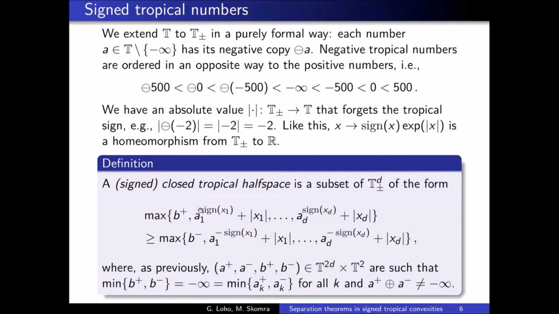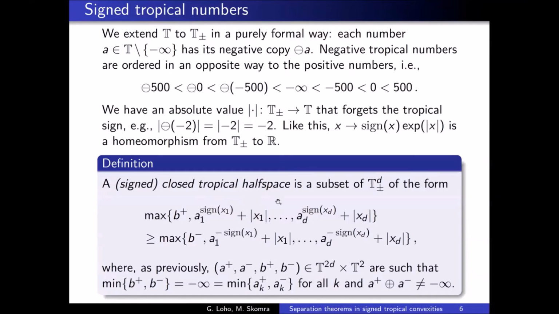Now, how does this expression extend from the non-negative numbers to signed numbers? This is done in the following way. Suppose that you are in the orthant in which the variable x1 is negative. Then you take the expression that you started with from the non-negative orthant and you simply swap the two terms that involve the variable x1.